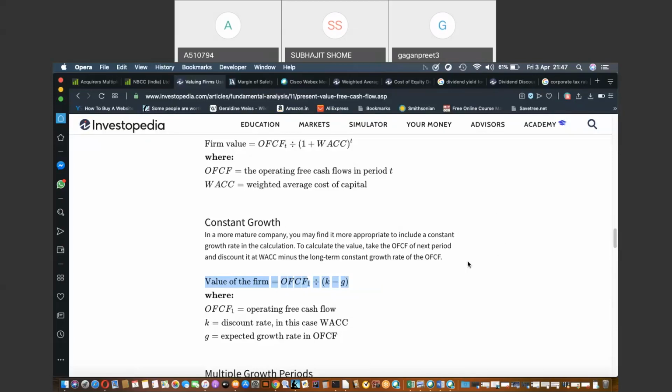So total intrinsic value of this firm is 6503.70. Okay. Now I need to know this on a per share basis, because this is on an overall basis. I need to know on a per share basis.